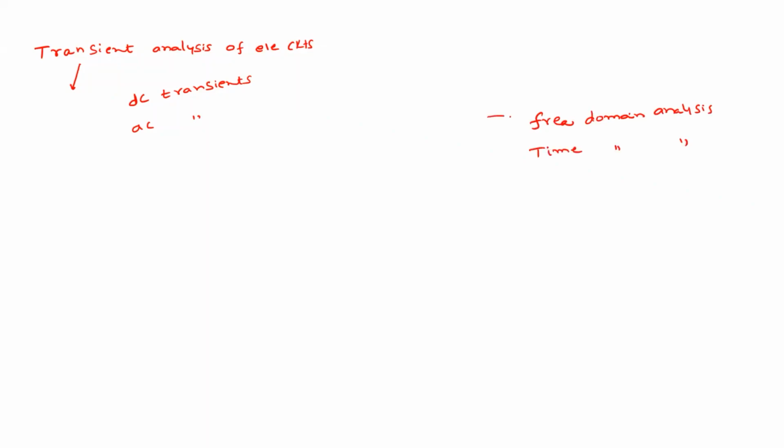In case of frequency domain analysis, we usually talk about omega. So far, whatever we discussed, the reference is ωt, the frequency of the circuit or of the waveform. Now everything will be discussed in terms of time.